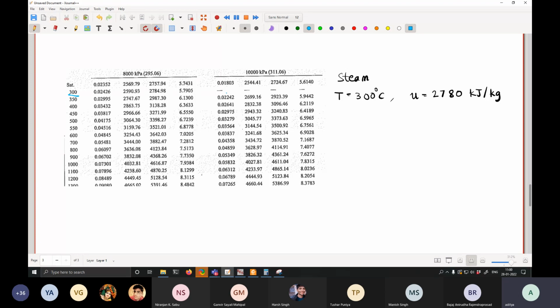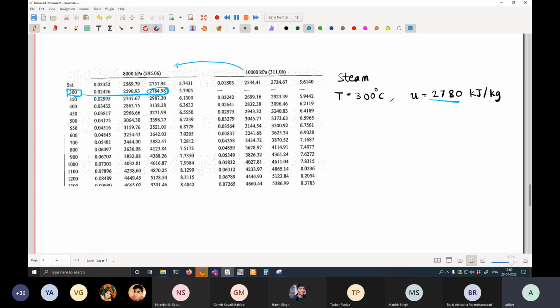Okay, so I mean, this problem is probably not a very well framed problem, because you see at 300 degrees Celsius, the internal energy is very close to 2780 over here. But you have to interpolate first to find out the pressure at some intermediate superheated values.